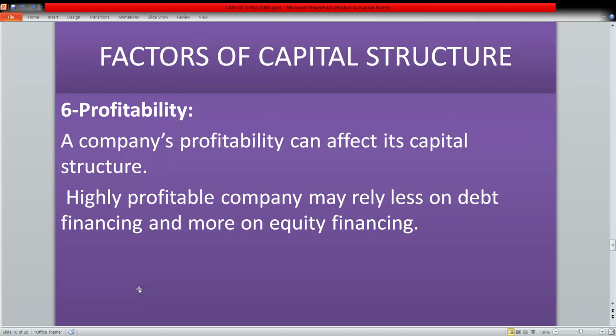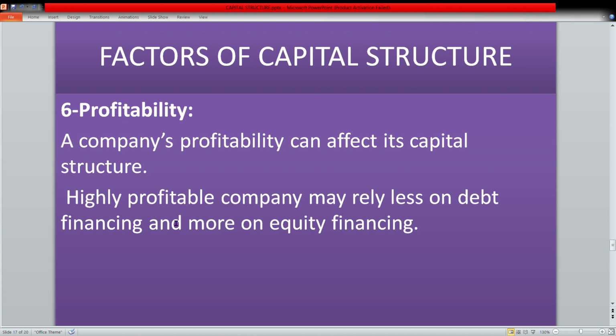Then comes the sixth point, that is profitability. If the company is profitable, then banks are also willing to extend the loan at a reasonable interest.